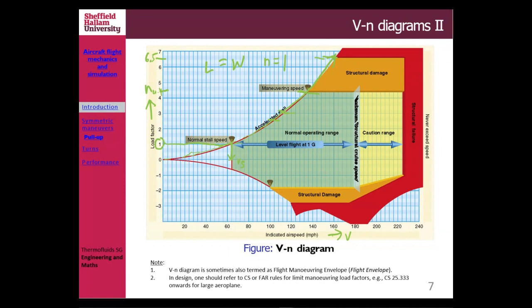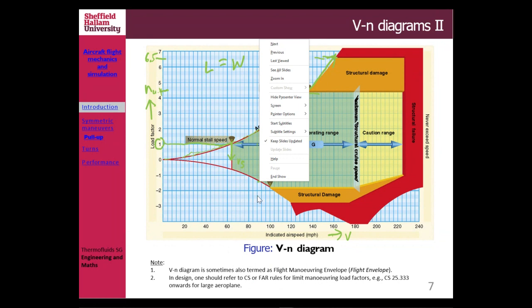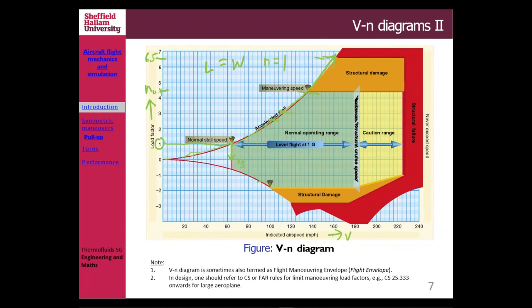If you increase the speed to sustain 1G, you will be at that point, but you are able to pull up or do some maneuver, with the maximum G-force up there, and later on you will find that your minimum G-force is down there. Now that is the first point that you find quite important.